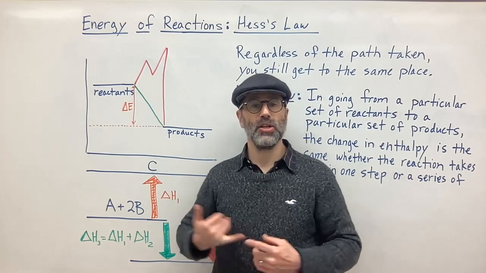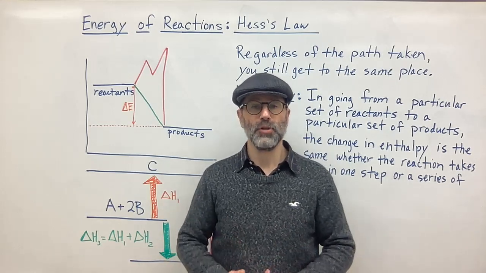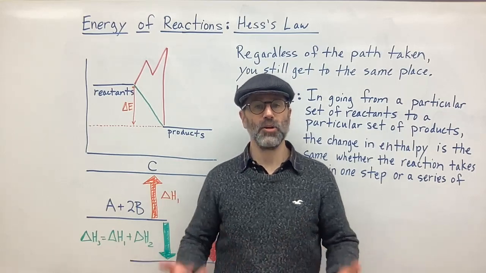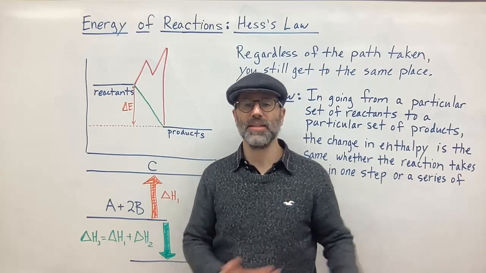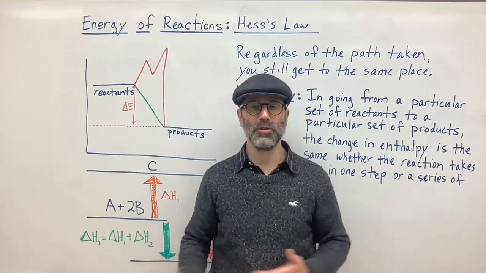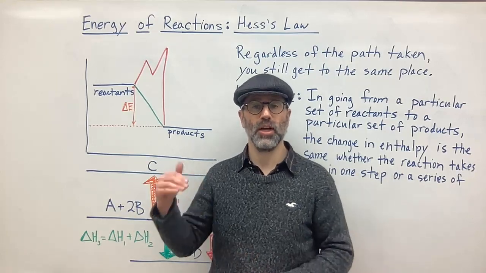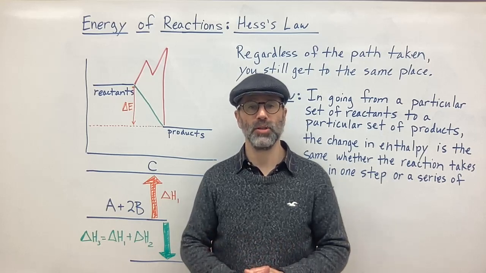You go up the stairs to the 100th floor, you're going to increase your potential energy. If you take the elevator, you're also going to increase your potential energy. Either way, the amount of potential energy you're gaining is the same. It does not matter what path you take, right? You're still going from ground to the 100th floor or the 100th story of the building.